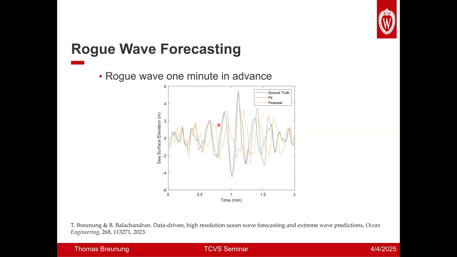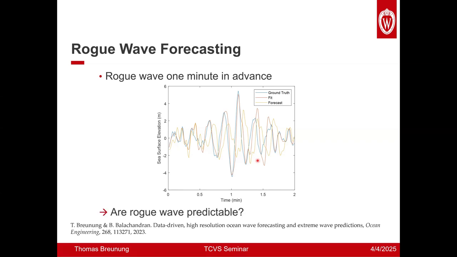In yellow, we can see an increase and a decrease in the envelope, which is correct in terms of correctly predicting the rising and decreasing envelope. However, we see that the full extent of the rogue wave is clearly missed. So for rogue wave forecasting, we have to do a little more work.